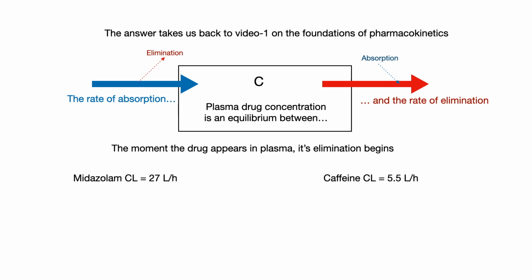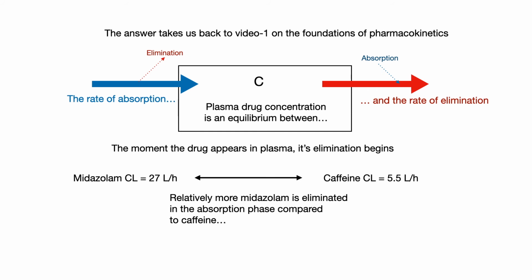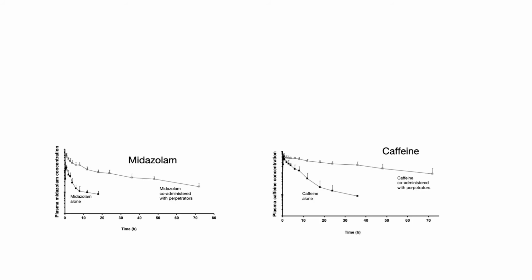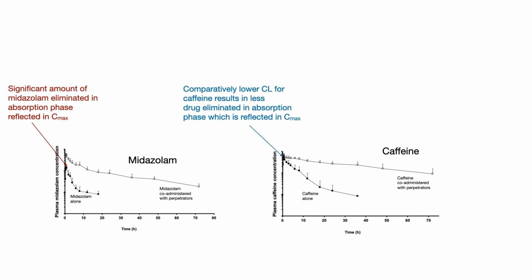Now, the clearance of midazolam is about 5 times more than caffeine. And so relatively more midazolam is being eliminated in the absorption phase compared to caffeine. And so because a significant amount of midazolam is eliminated during the absorption phase, that is reflected in the Cmax, but relatively little caffeine is eliminated in the absorption phase.